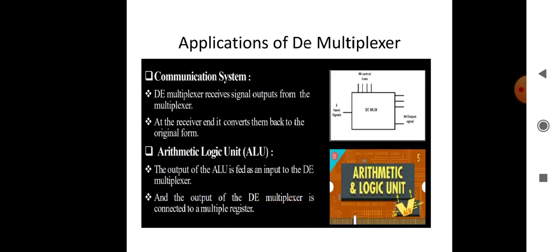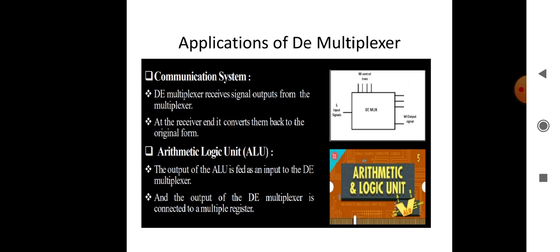So the application of the demultiplexer is mainly in communication systems. The demultiplexer receives signals output from the multiplexer, and at the receiver end it converts them back to the original form. Another application is the arithmetic logic unit.